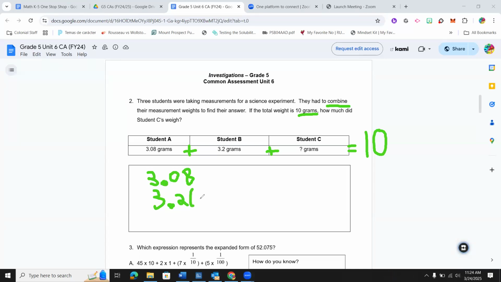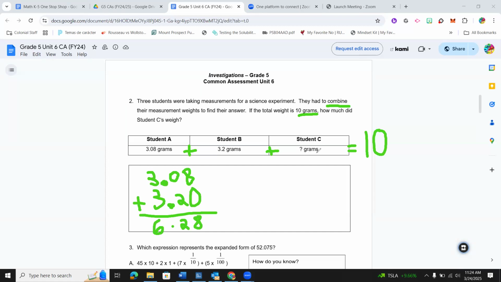As you know, you can put a 0 as a placeholder only at the end, and that helps you to keep things lined up. So I know that student A and student B together are 6.28.